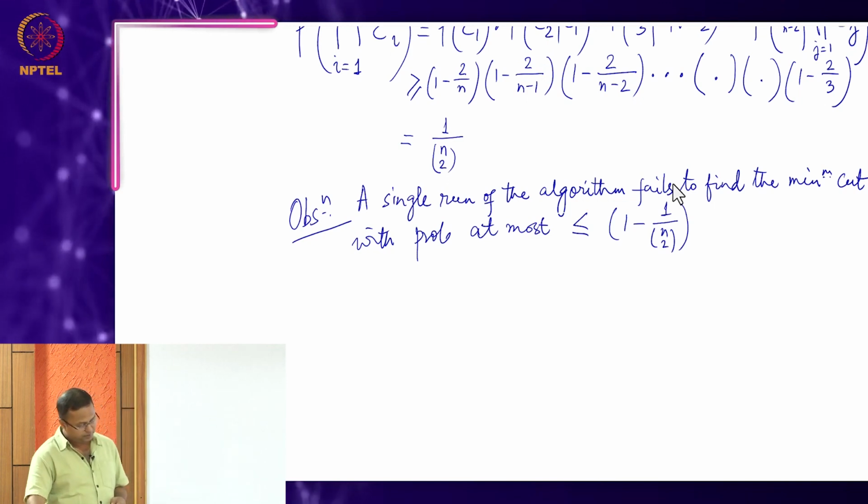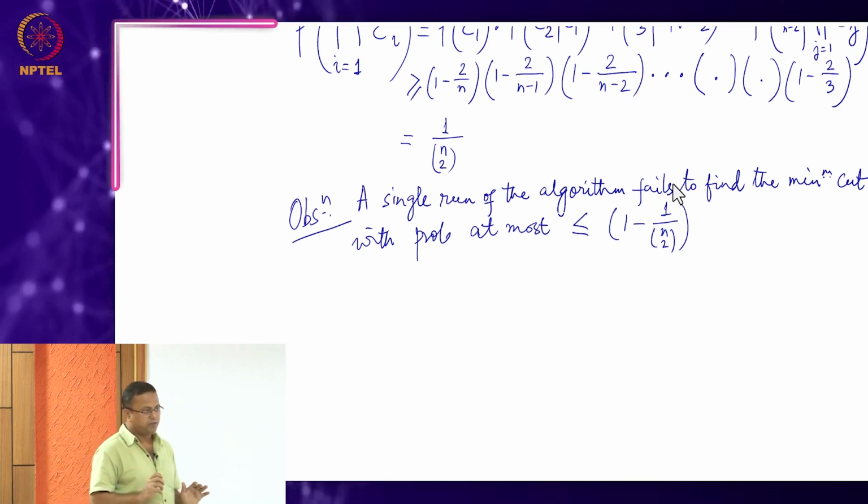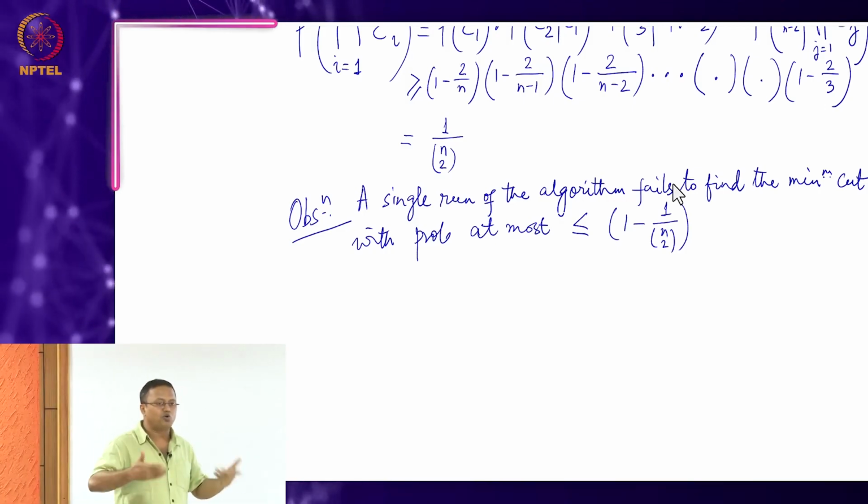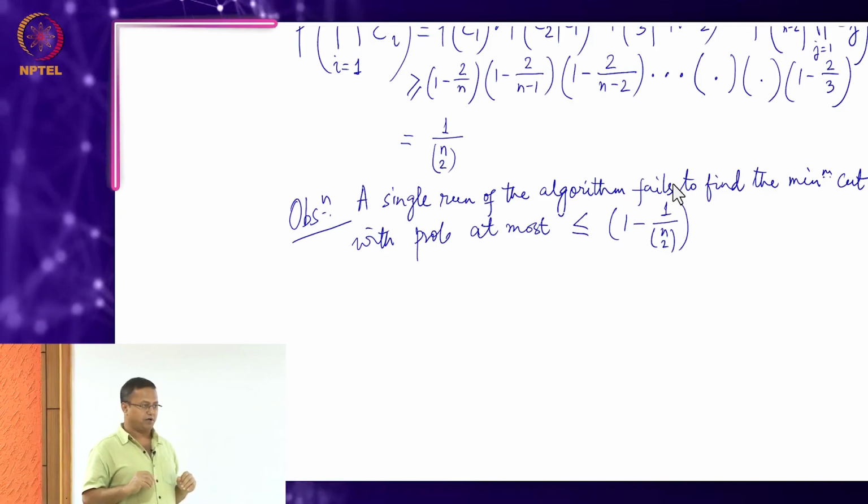So I promised you that I will give you a bound on the error probability. What is the error? That my algorithm could not find the minimum cut.